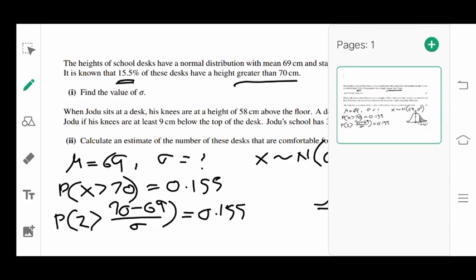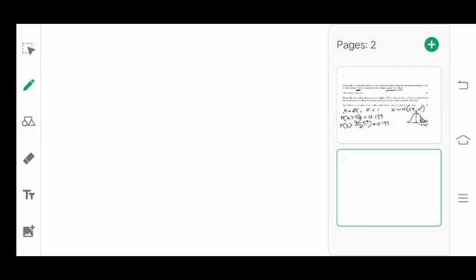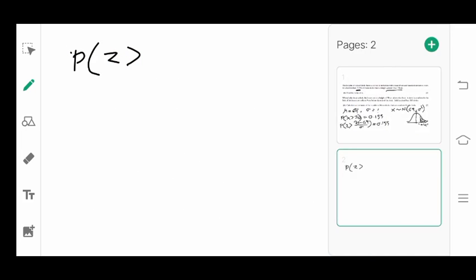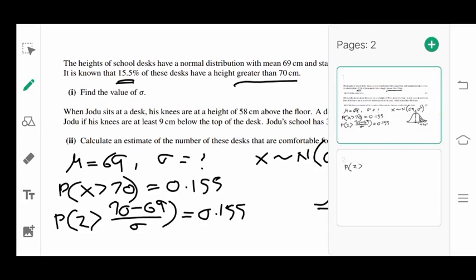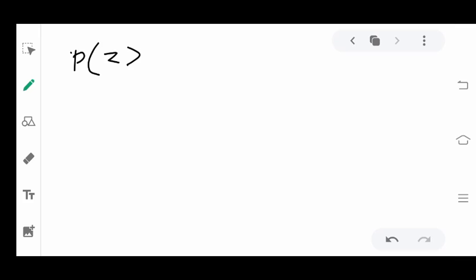So when we continue the calculation, we get P of z greater than (70 minus 69, which is 1) by sigma, equal to 0.155.